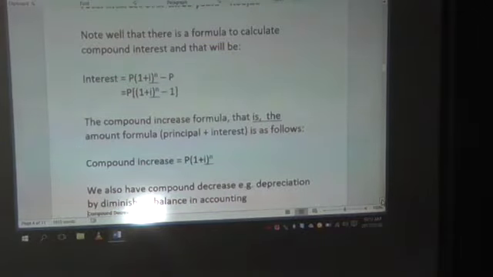Remember, we also have a formula for compound decrease, for example, depreciation by diminishing balance. So let me just show you that formula also.